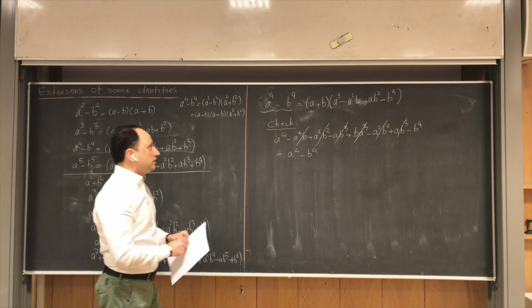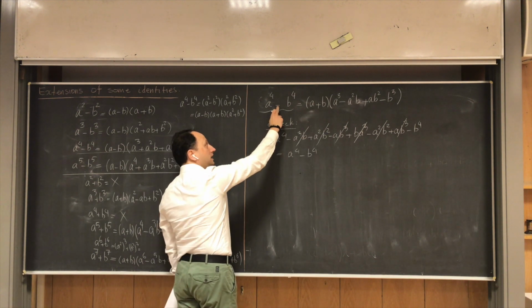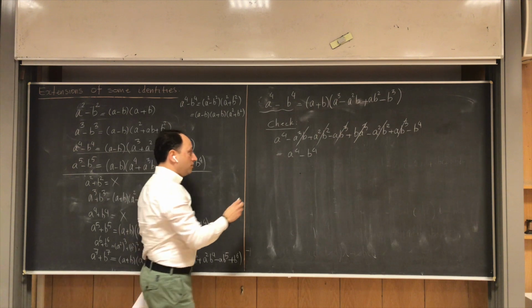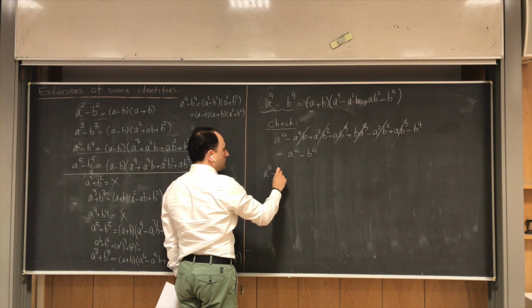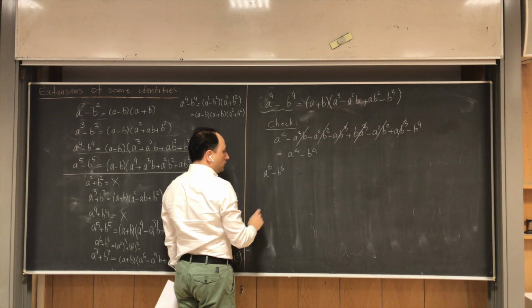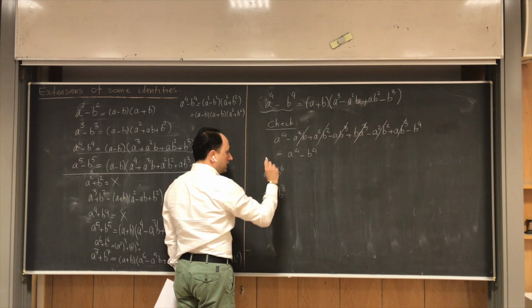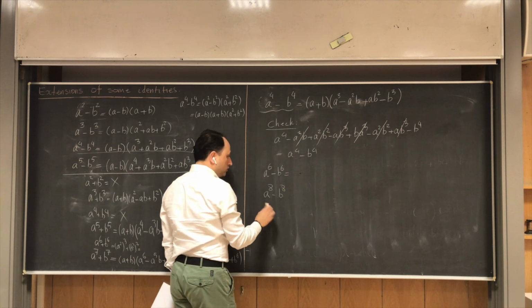So the important thing here is that this type of pattern will work if you have the negative sign between an even exponent. So for example, if you want, you can write something for a⁶ minus b⁶ as well. You can write something for a⁸ minus b⁸ as well. But you are not allowed to start with a. Of course, let me write two things for you.